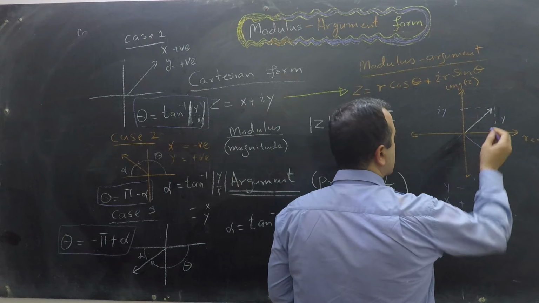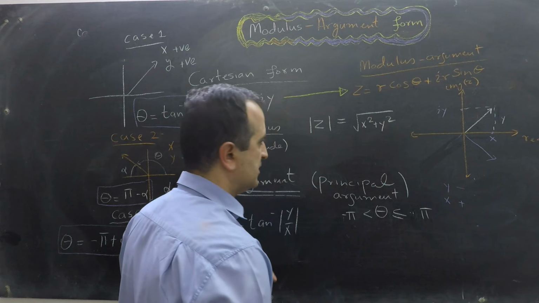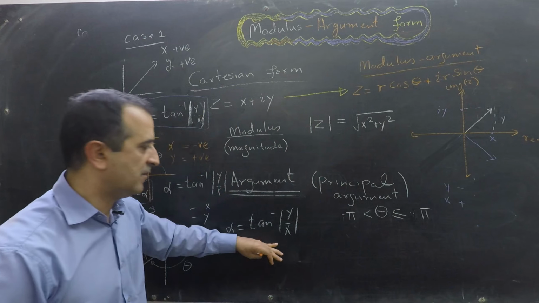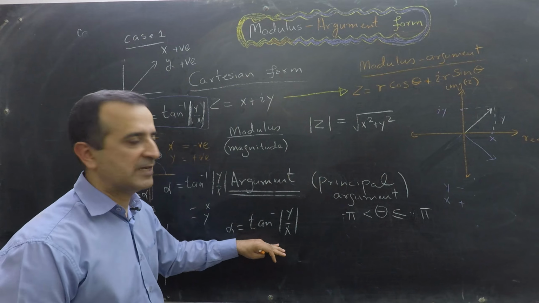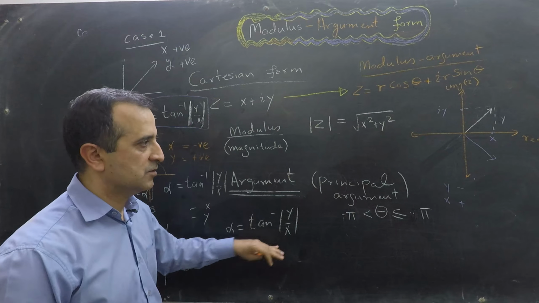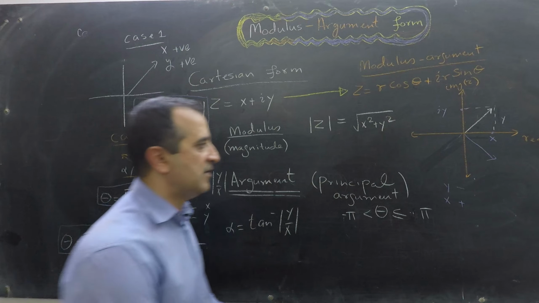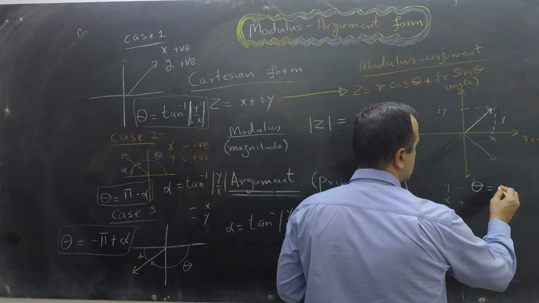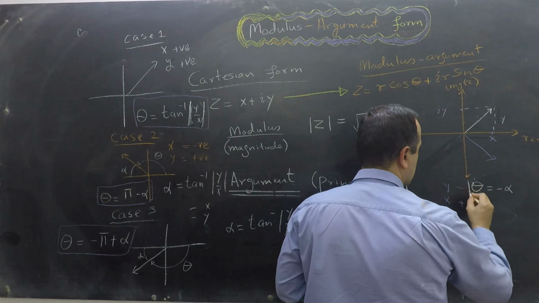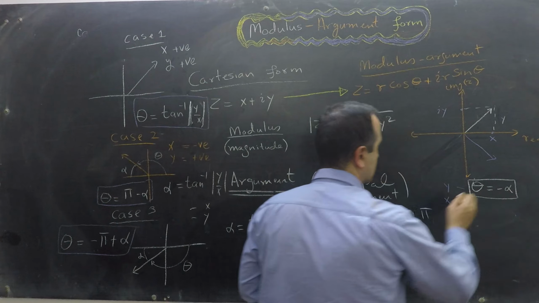So if I use this equation to find alpha, I will find almost theta, but its direction will be reversed. So what I will do, I will say that theta in this case is equal to minus alpha. This is my fourth case.